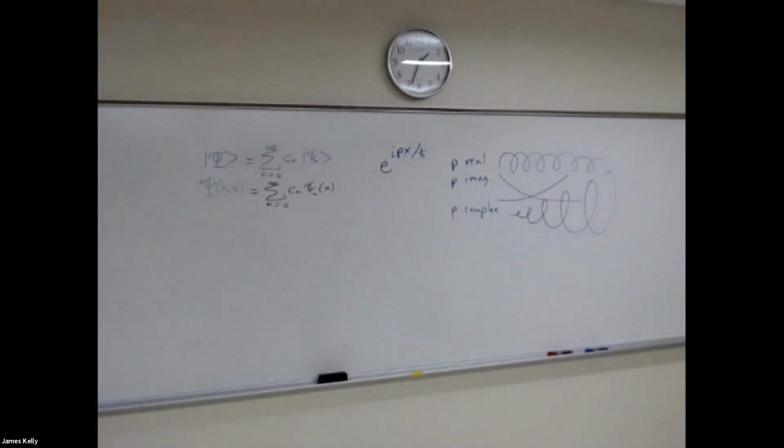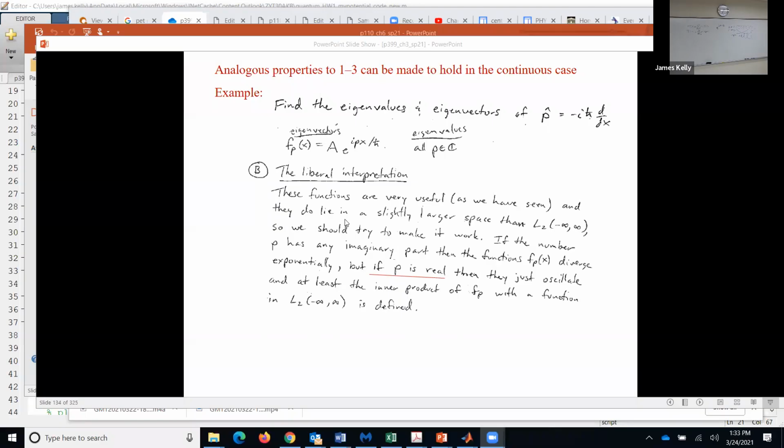So let's continue that thought. If P is real, they just oscillate, okay? And in that case, I wouldn't be able to interpret the inner product of this function with another one of this type in any easy way, because I get a divergent integral.